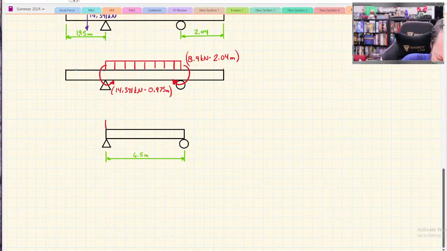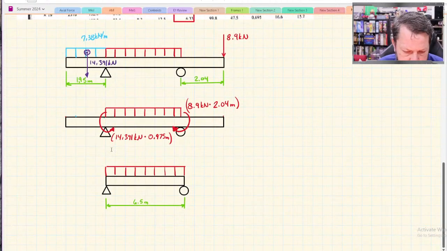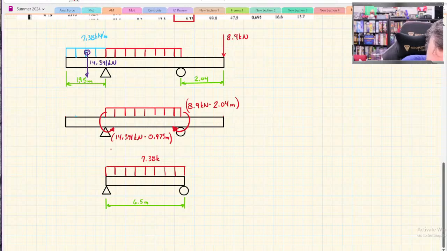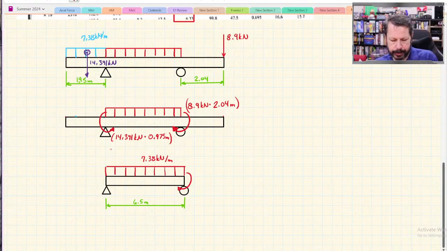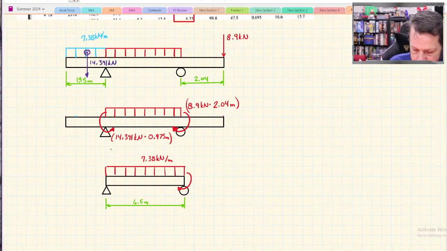I've got a distributed load, which is 7.38 kilonewtons per meter. I've got a concentrated moment here, which is 8.9 times 2.04, 18.156 kilonewton meters.